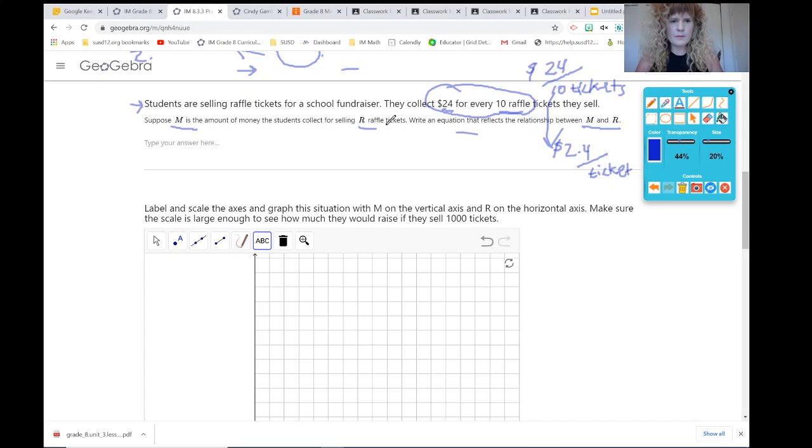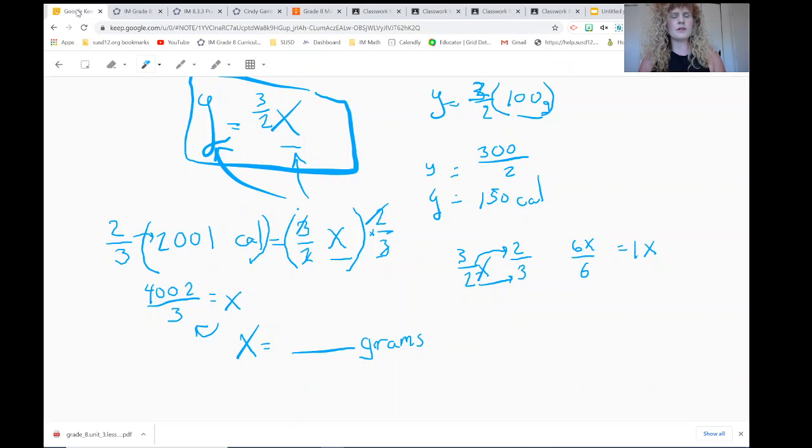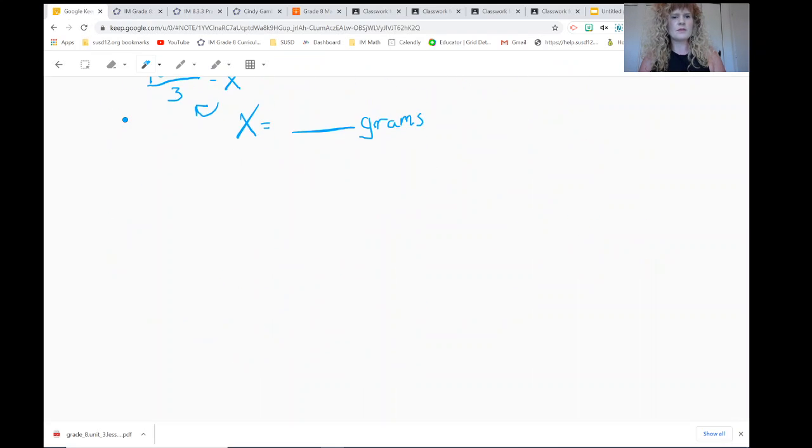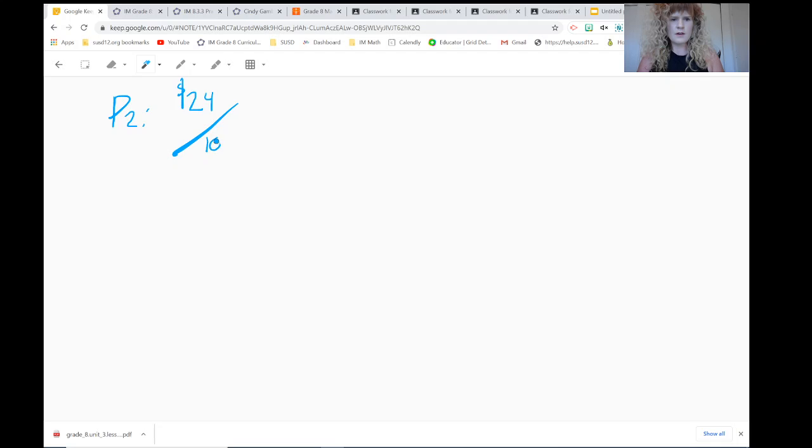Okay, what other information did they give us? M is the amount of money. R is the number of raffle tickets. Okay, let's write this down in our notes. So now let's go to problem number 2. Can I just write P2? That's easy for me. And we learned that they earned $24 for selling 10 tickets. There we go.